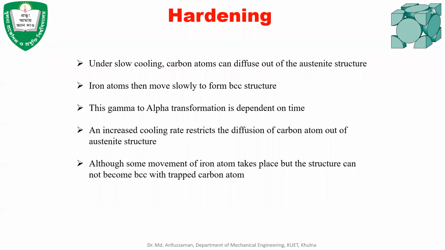It does not transform into BCC structure, but instead forms a different one, an elongated structure, because of the trapped carbon which could not come out of the FCC structure to form BCC. That structure is called martensite.